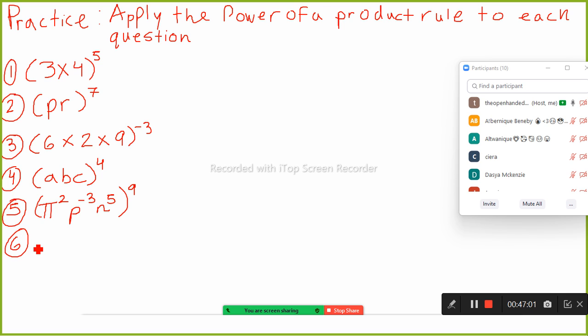Let's say we have 16 times 7 y squared, and let's say this is 16 to the power of -4, all to the power of -5.